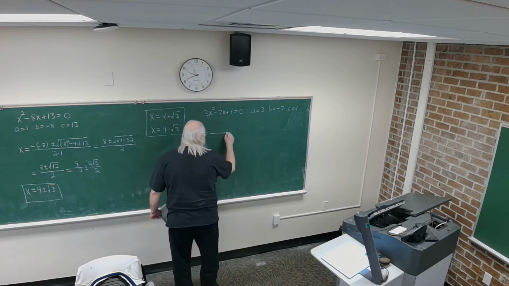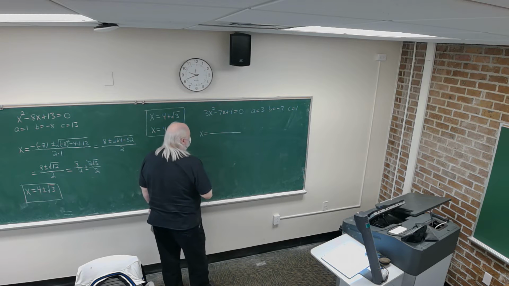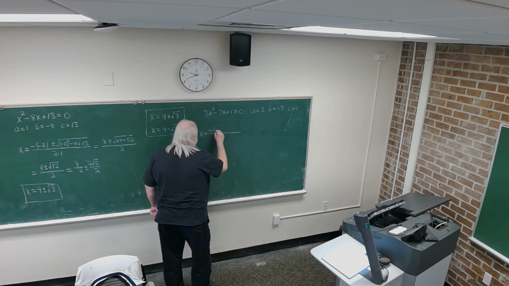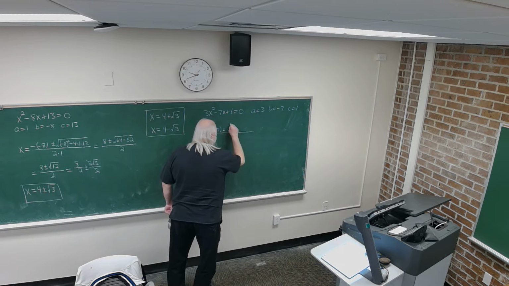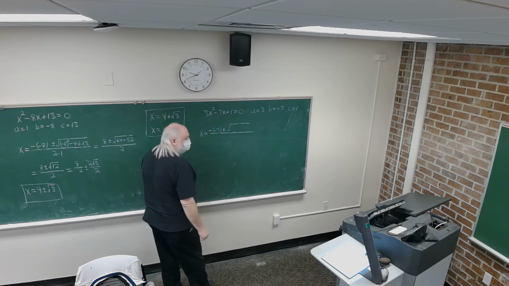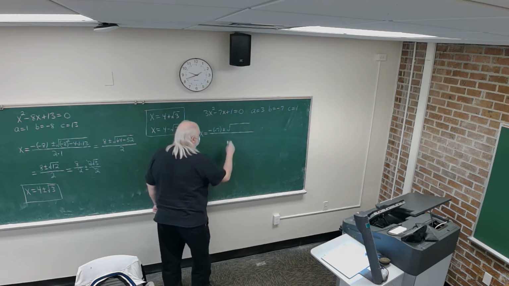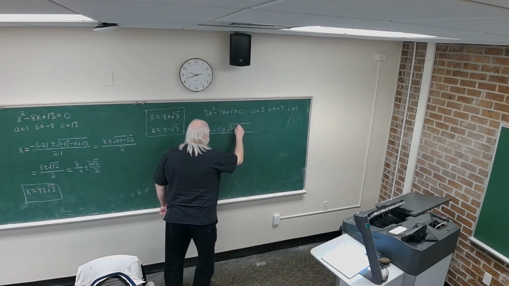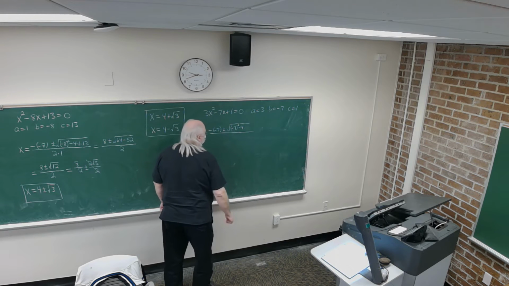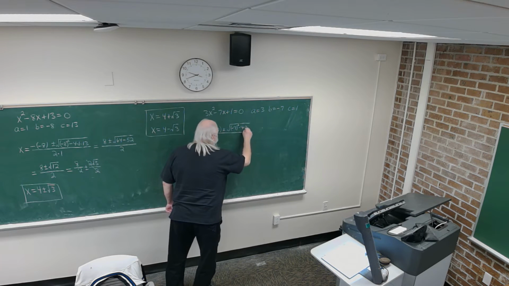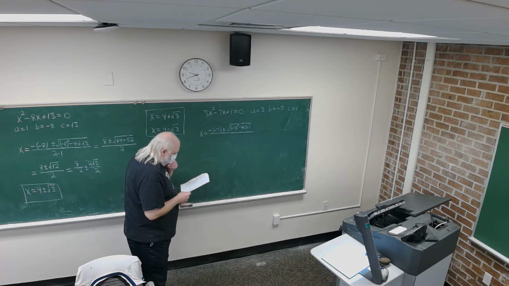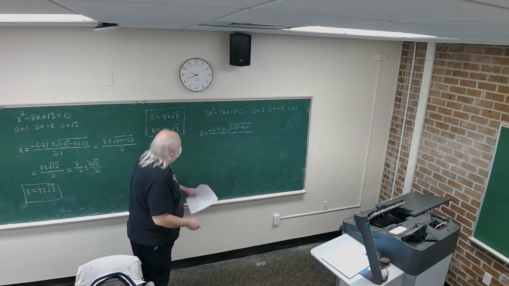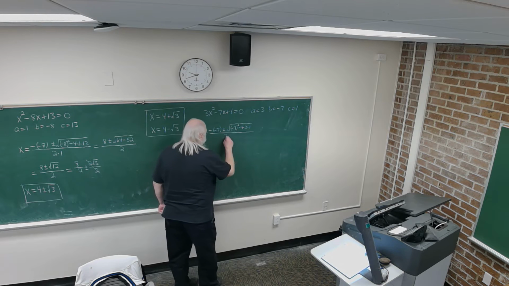So plugging into the quadratic formula, x is equal to negative b, which is the negative of negative 7, plus or minus the square root of b squared, which is minus 7 squared, minus 4 times a, which is 3, times c, which is 1, all divided by 2 times a, which is 2 times 3.